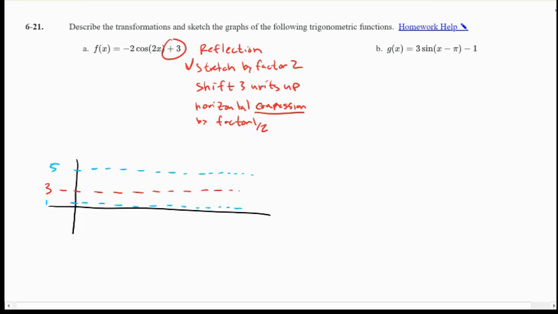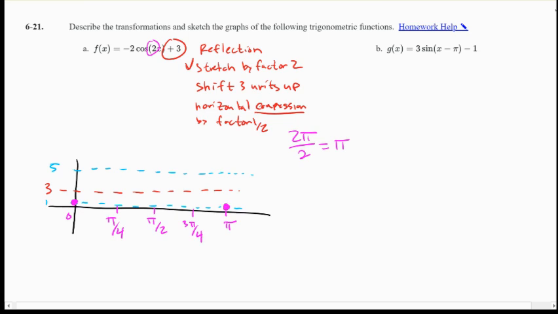Let's do this in pink. And then we also are going to use this to find our period. So our period is 2 pi over b. In this case, it's just pi. So if this is 0 and this is pi, then halfway is pi over 2. Halfway is pi over 4, which makes this 3 pi over 4.